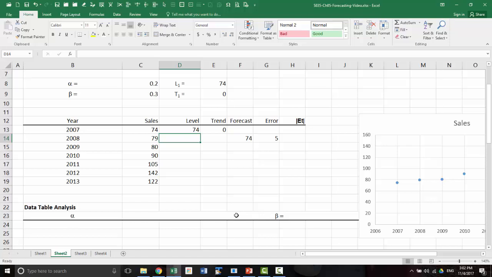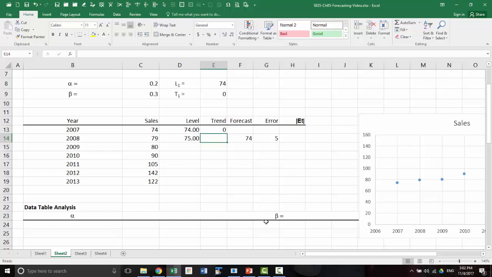Level is the previous forecast, which is F14, plus alpha, and alpha must be absolutely referenced, times the error. Let's put a couple of decimal places there.